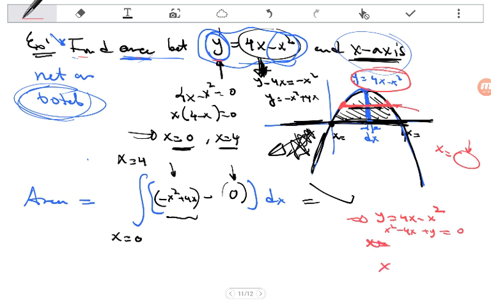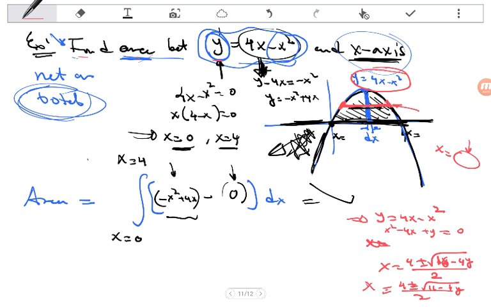So x is equal to 4 plus or minus root of b squared, which is 16, minus 4ac, which is 4y, all over 2. So this is x.